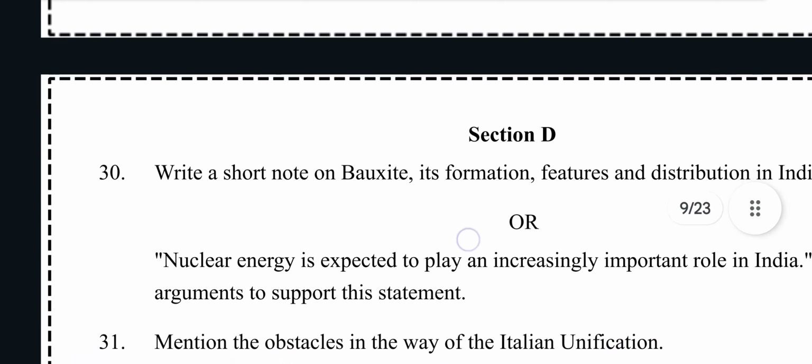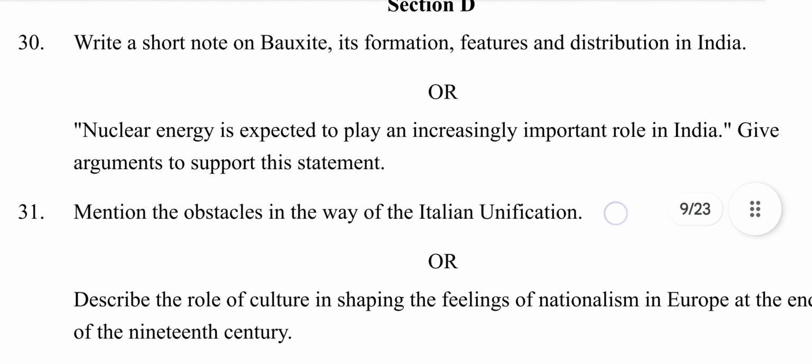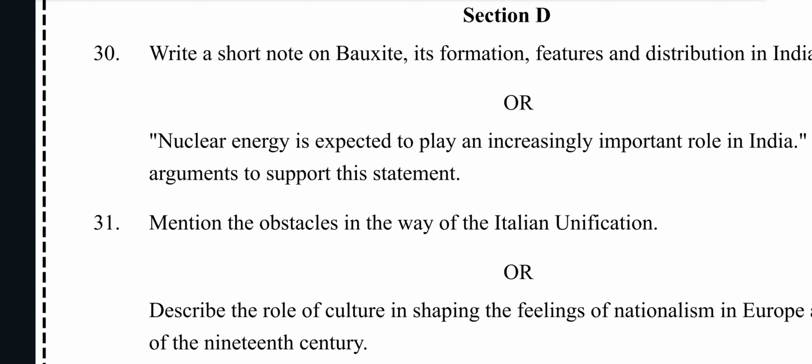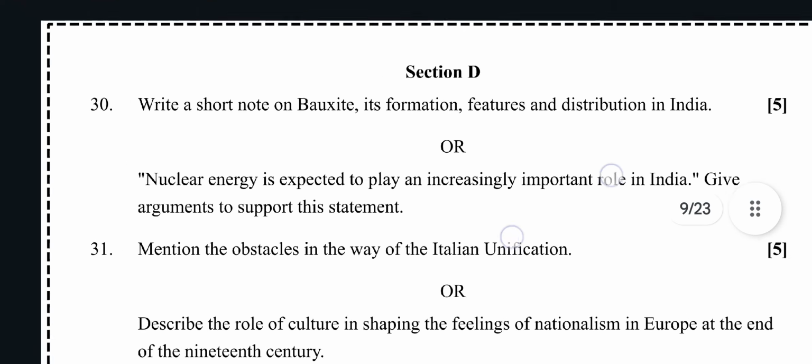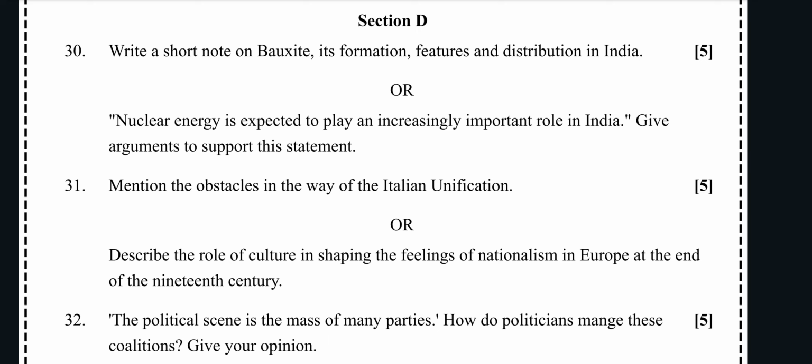It is a geography question. Otherwise you can write this question: Nuclear energy is expected to play an increasingly important role in India. Give arguments in support of this statement. Like this, options are there for these 5 mark questions.